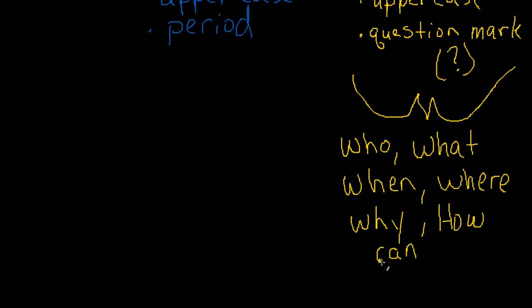Let me fix that. See, there we go. So who was that? What was that? When was that? Where was that? Why was that? How was that? And can you do that?